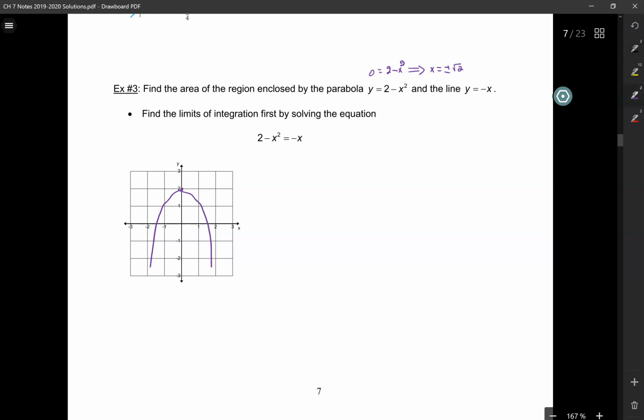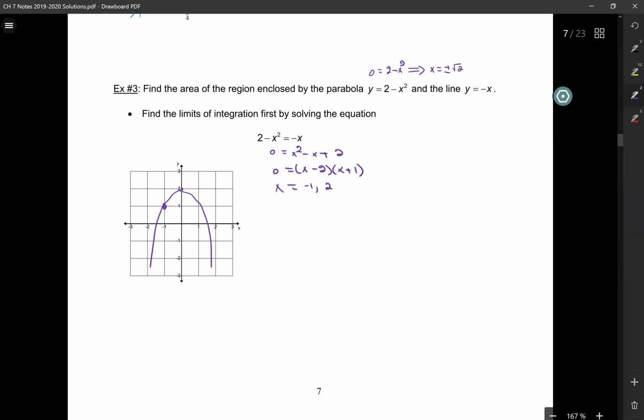And then when we solve this, 0 is equal to x squared minus x minus 2, which factors as x minus 2, x plus 1. So x is equal to negative 1 and 2. So at negative 1 and at 2, these two intersect.